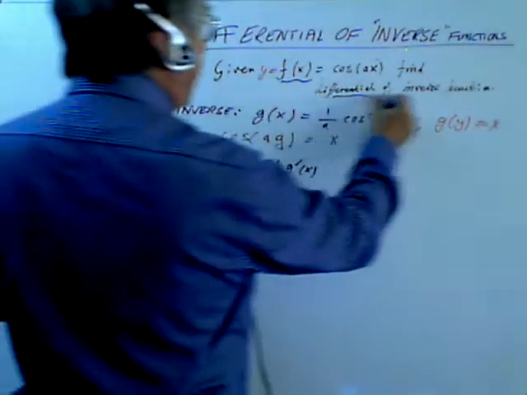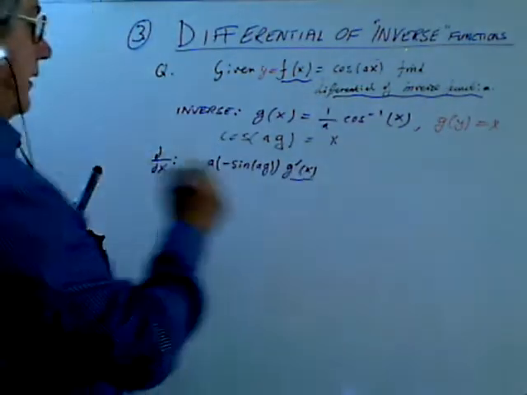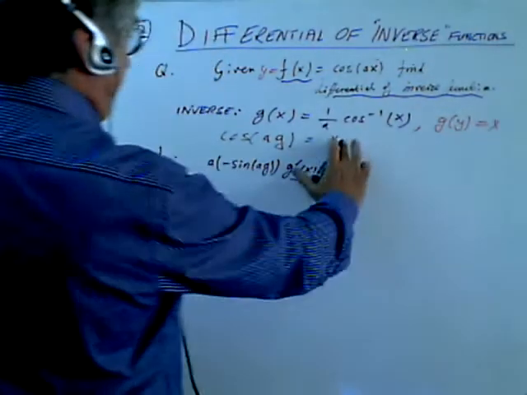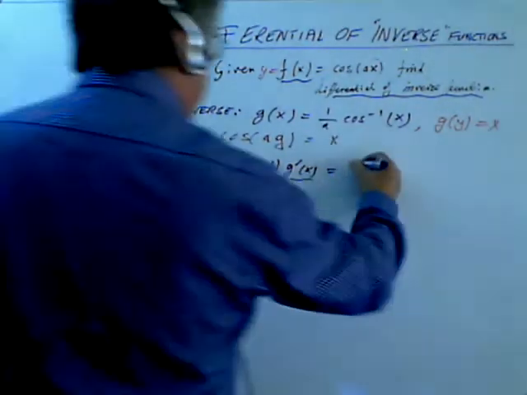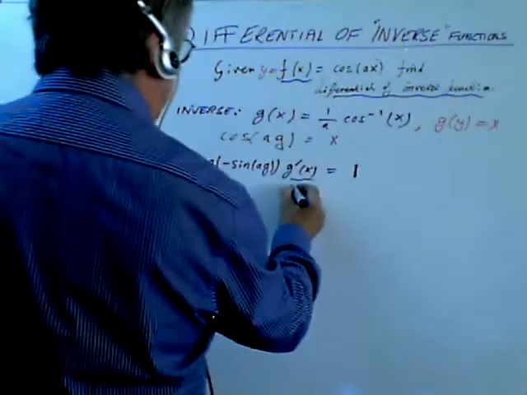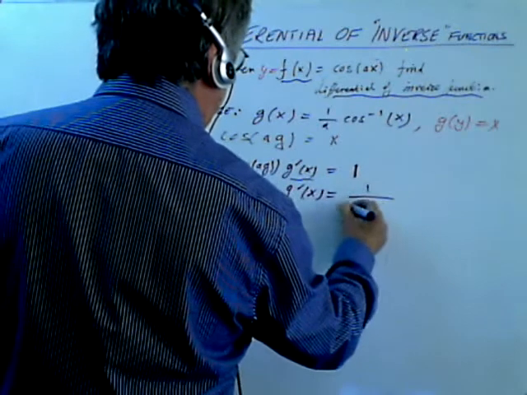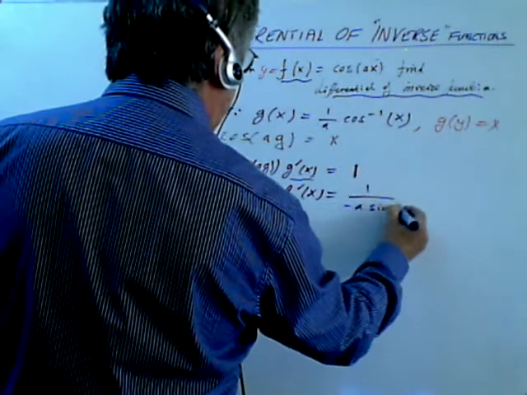We're looking for the differential of the inverse function, and that's that there. And of course, by differentiating the right hand side, we have equal to 1. So that gives me the answer. The g dash of x is equal to 1 over minus a sine ag.